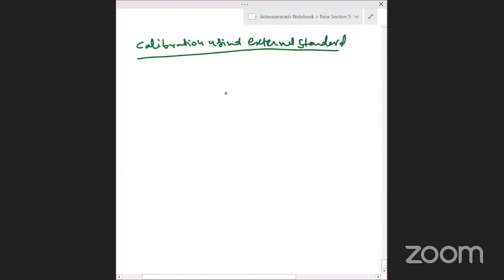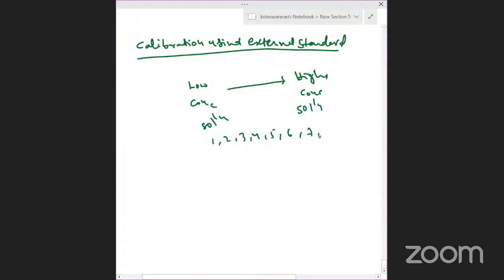A series of standard solutions of the same component is prepared. Suppose you are making different solutions from lower concentration to higher concentration, say 1, 2, 3, up to 10 different concentrations, in increasing order of concentration, right?